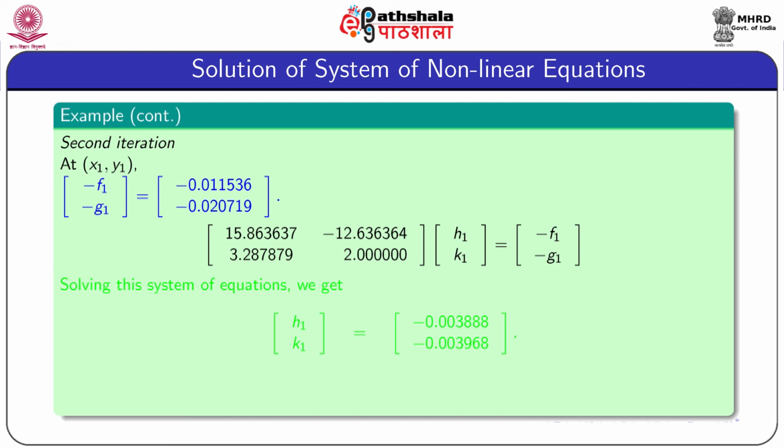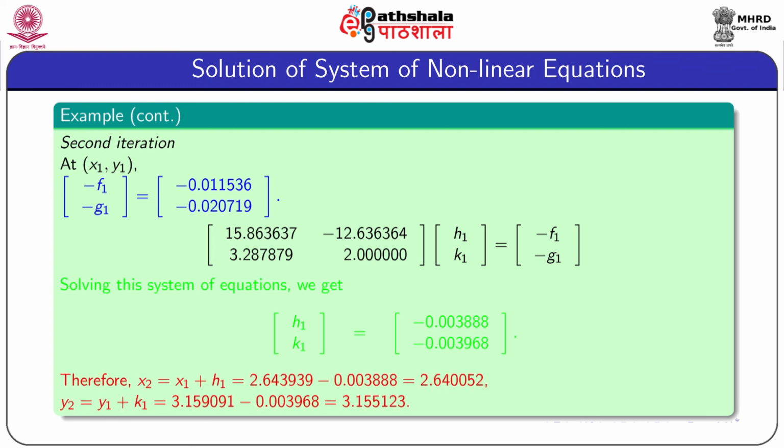Solving this system of equations, we get h1 = −0.003888 and k1 = −0.003968. Thus, the second approximate value x2 = 2.640052, and the second approximate value y2 = 3.155123.